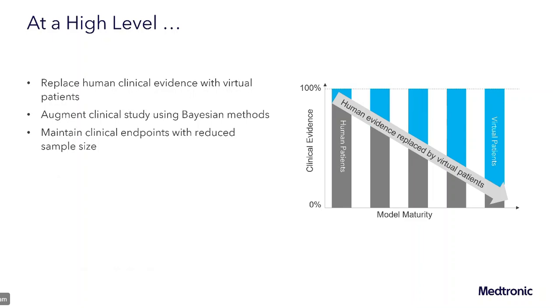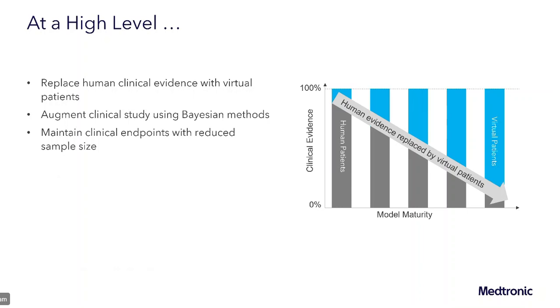So at the beginning, you might only use a little bit of virtual patients in your clinical evidence. In some cases, you might not even put it in your trial. It's just enough to get you comfortable with running a clinical trial on humans, right?